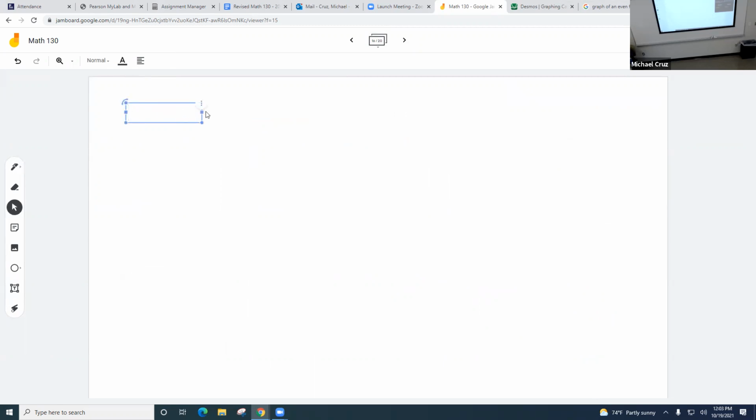Should have enough time because I think there's just one more problem on it. Okay, find the inverse of what? 6x plus 4. What's the rest of it?